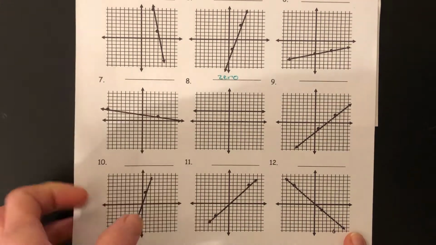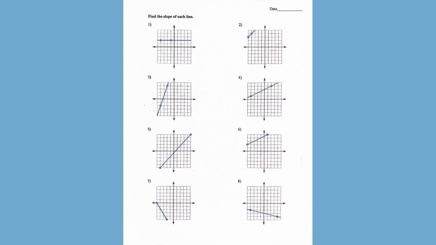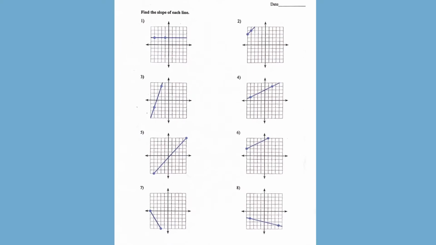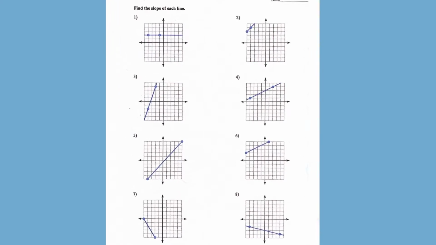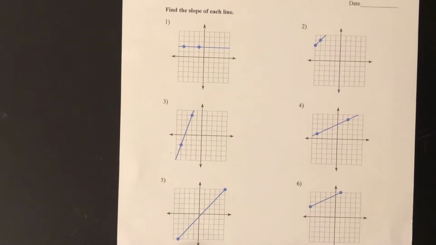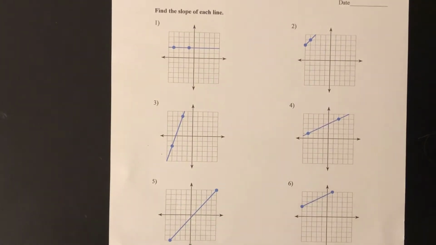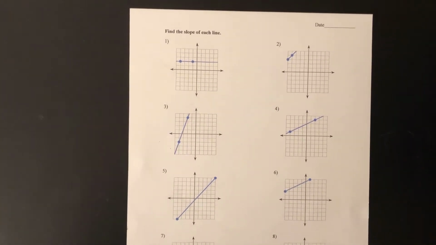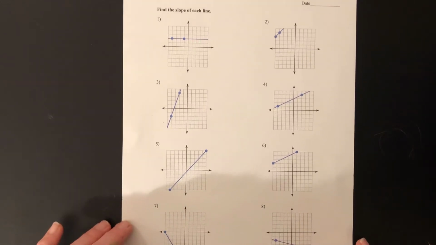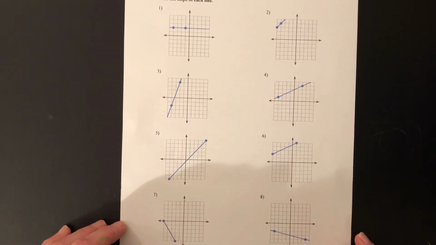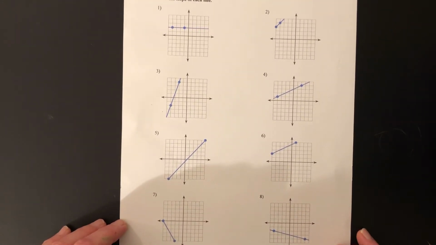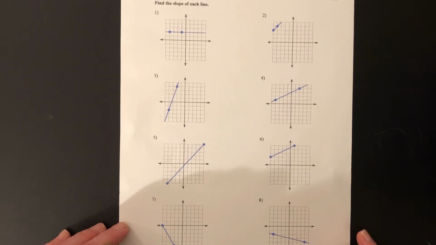The next page that you're going to do is actually write the slopes. I see, looking at this page, that there are 2 negatives and there's 1 0 slope.